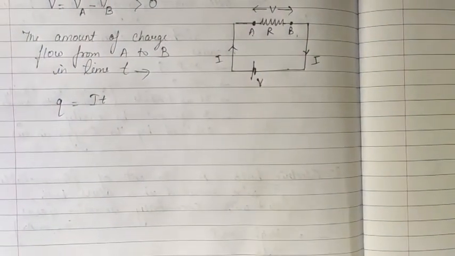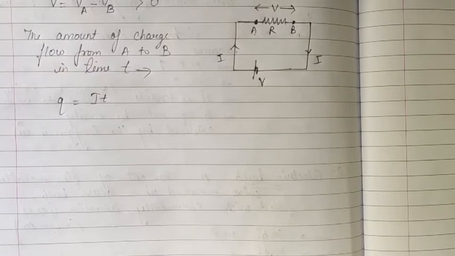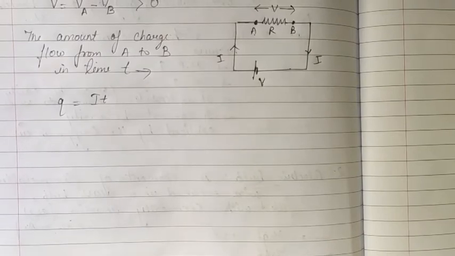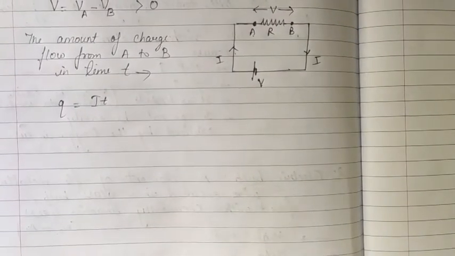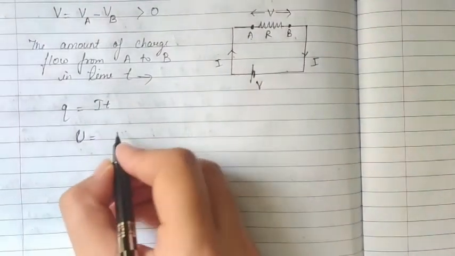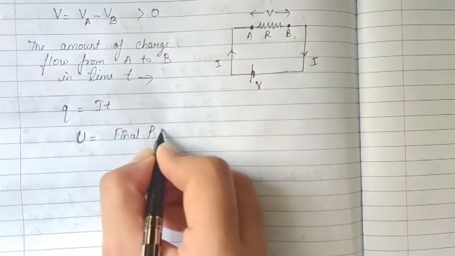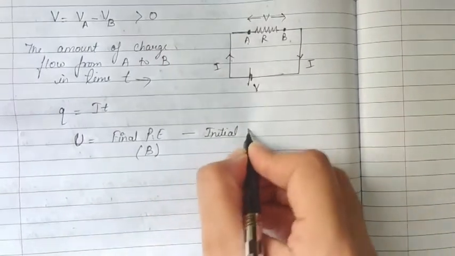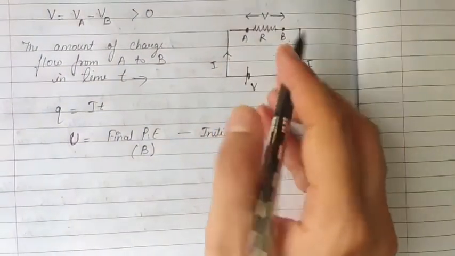Now as the charge Q moves through the conductor, the potential energy decreases. As the charge moves through a decrease of potential of magnitude V, its potential energy also decreases. So let's see U, the change in potential energy, will be final potential energy minus initial potential energy: the potential energy at point B minus the potential energy at point A, like charges flowing from A to B.